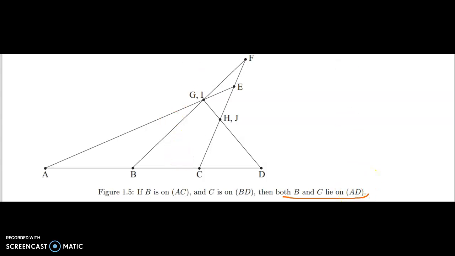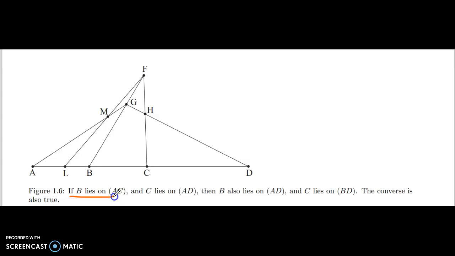If B lies on AC and C lies on AD, then B lies on AD.